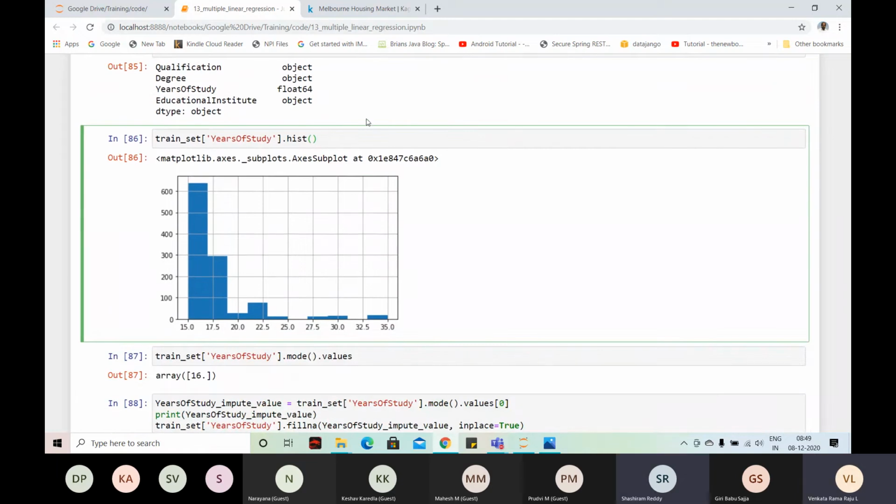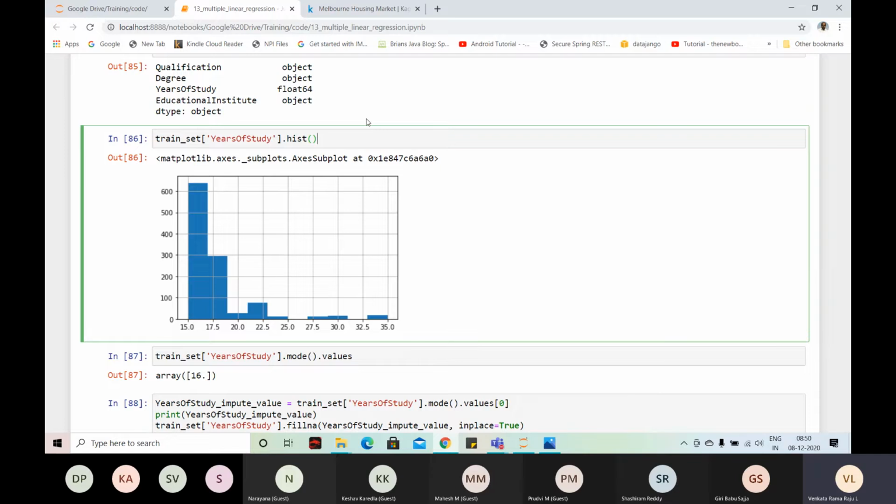If maybe 90% of years of study is nulls, and you are taking the qualification as the basis to replace values in years of study, then it will be a replica of that column. That is actually strongly correlated columns, and it may create multi-collinearity.